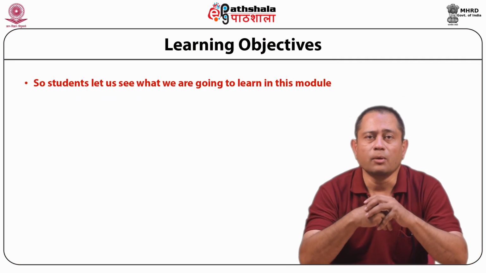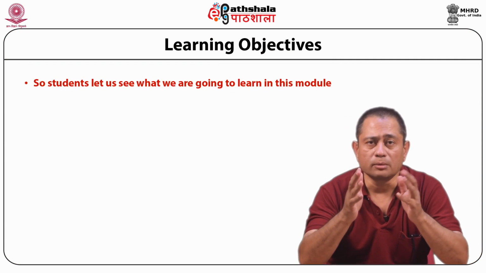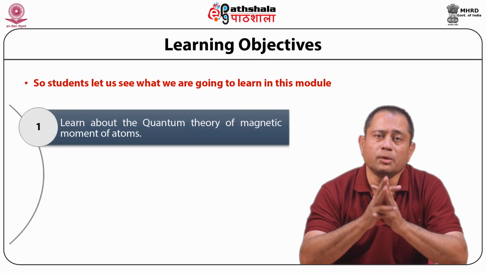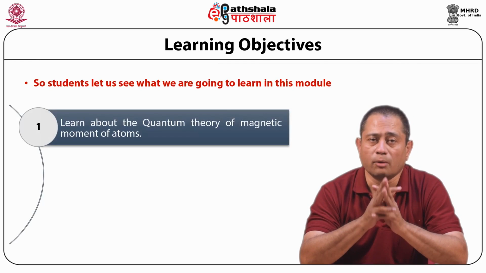Well, today we are going to discuss the module Diamagnetism and Paramagnetism of Atoms 1 from the paper Solid State Physics. So students, let us see what we are going to learn in this module today. The first point is to learn about the quantum theory of magnetic moments of atoms.